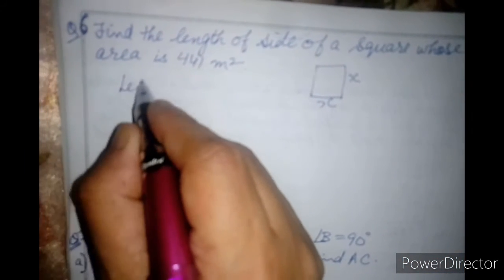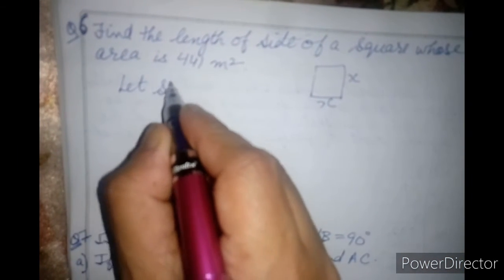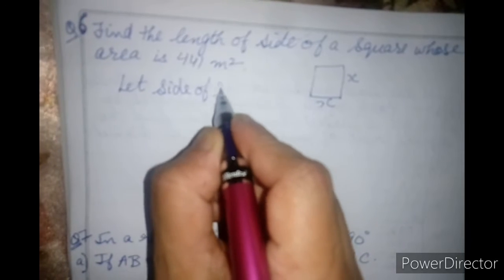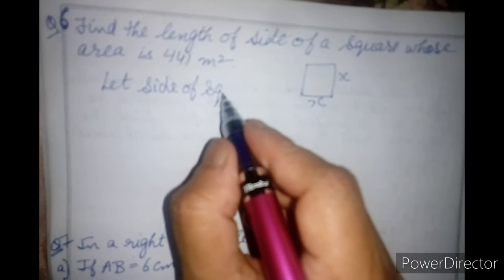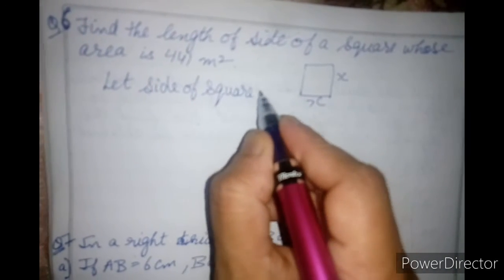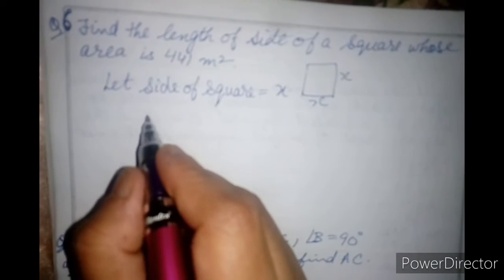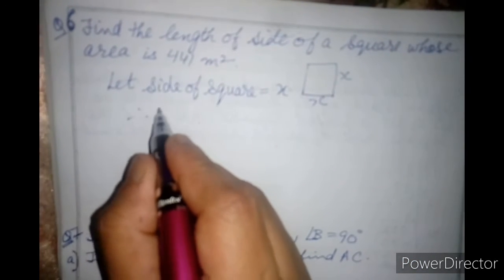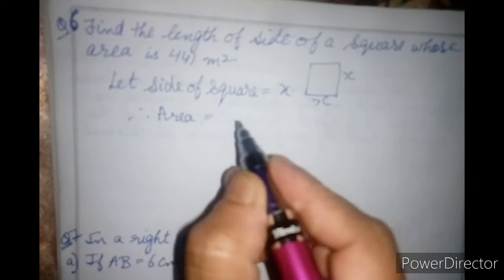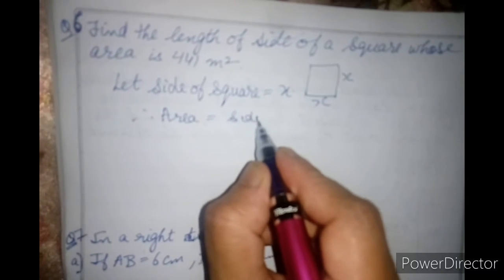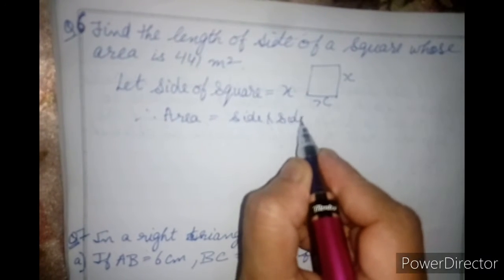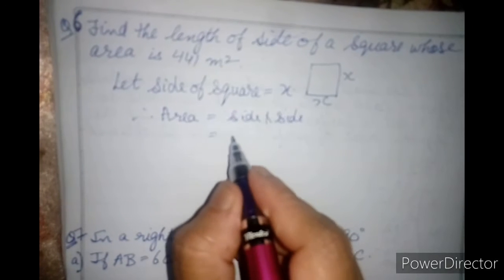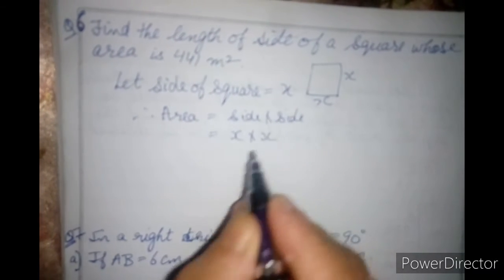So let side of square equal to x, therefore area is equal to side into side. This is the formula to find out the area, x into x.